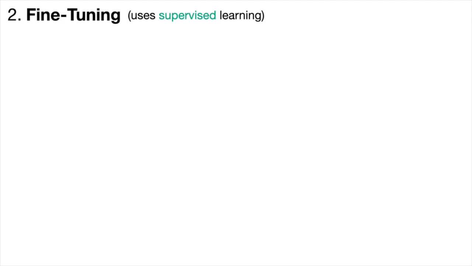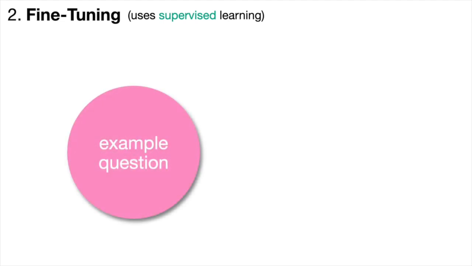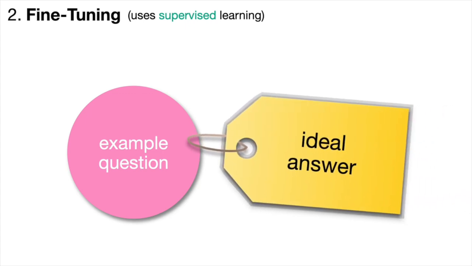Remember that supervised learning was called supervised because humans have to create target labels for the data. In this case, the human labelers create examples of the type of question that users will be likely to ask. Then they attach to them target labels that contain the type of well-researched and sometimes very detailed correct answer that we consider an ideal answer for that particular question.